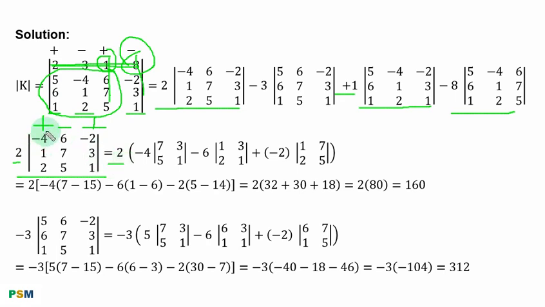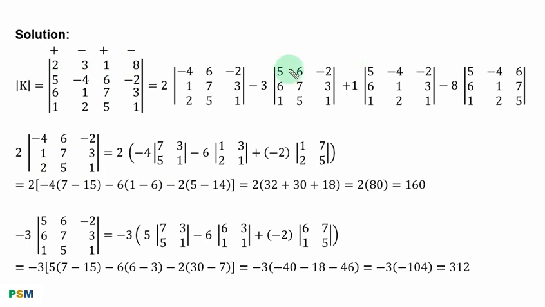You take the first entry, that is -4. You have plus -4, that is -4. You cover first row, first column. You have this 2 by 2 minor matrix that is left. The second element there is 6.